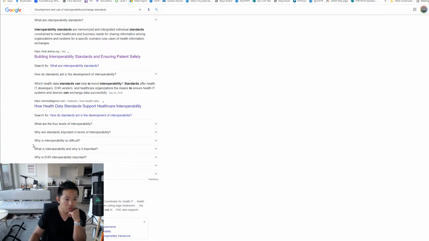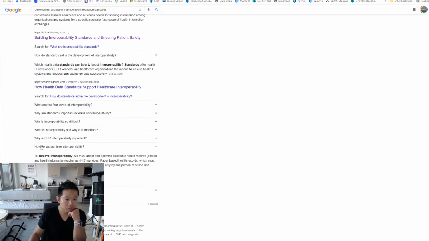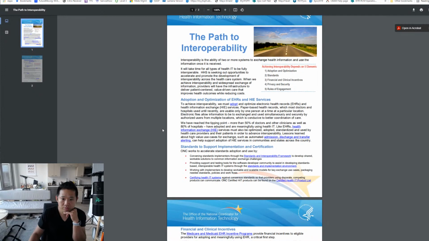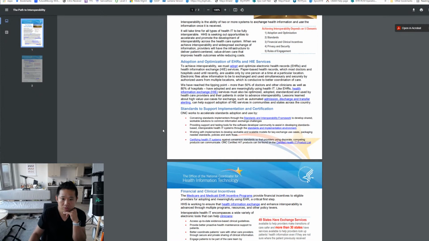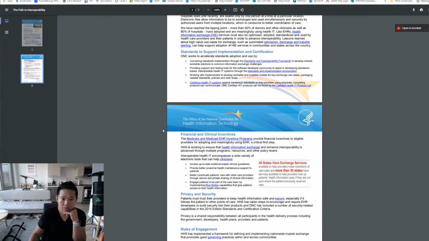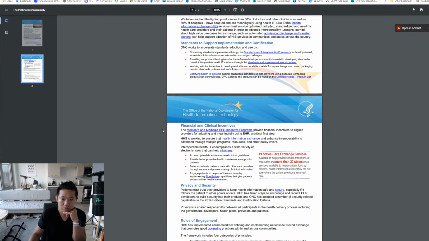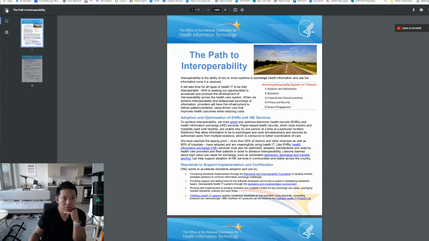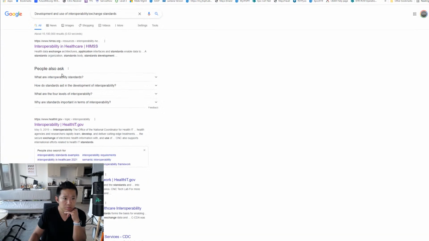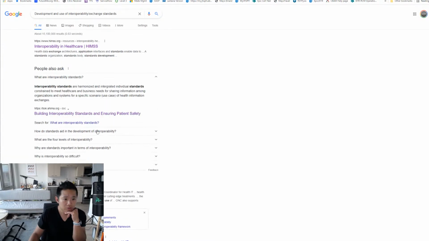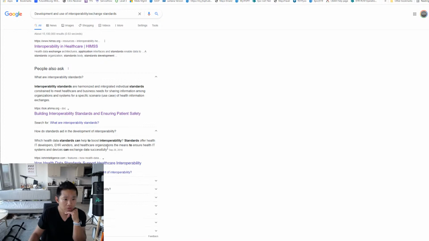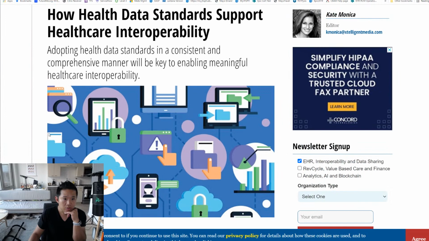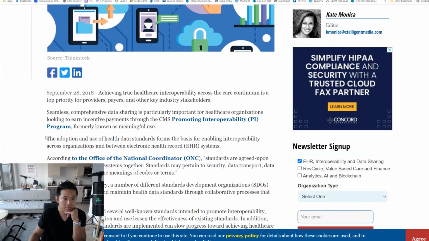Development and use of interoperability standards.